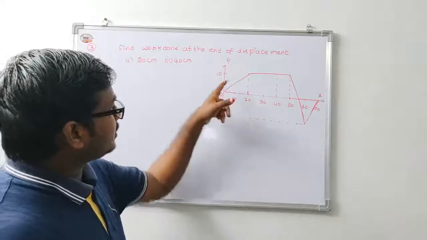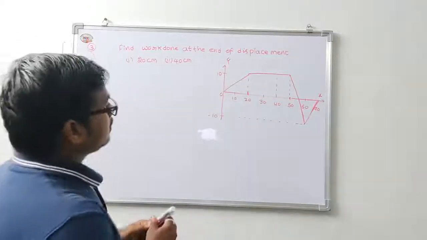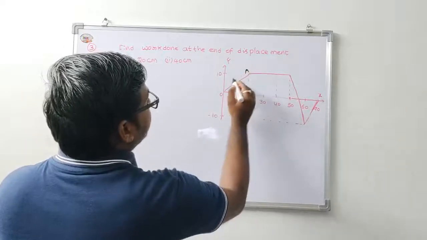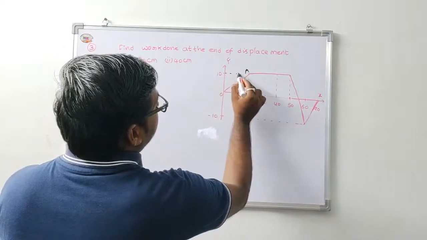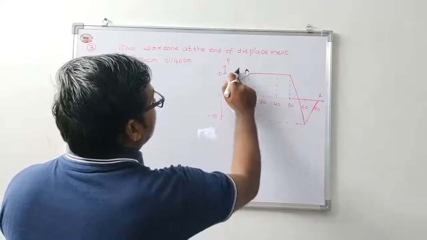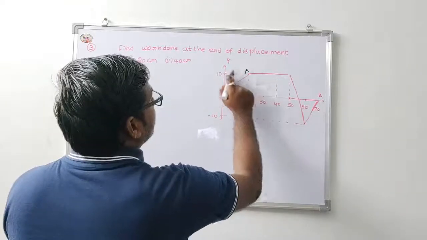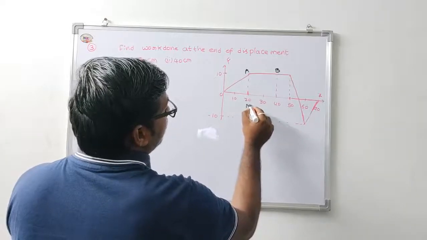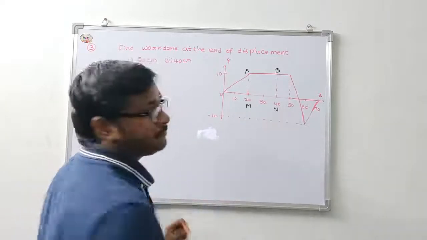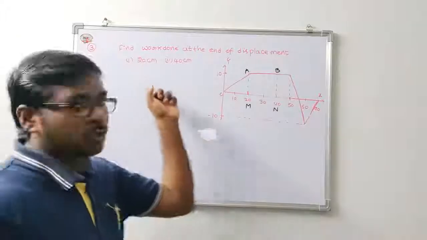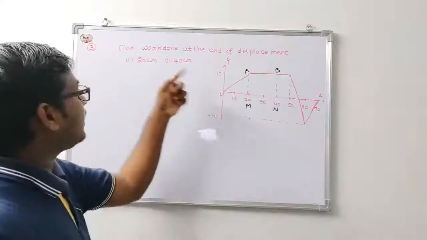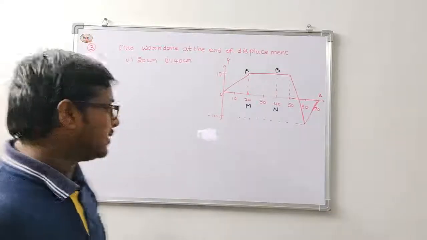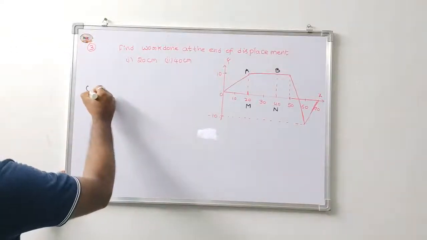In this figure, this is the origin O, this is a point A, this is B, M, N. It is only asking for two values, at the end of displacement 20 centimeter and 40 centimeter, students.